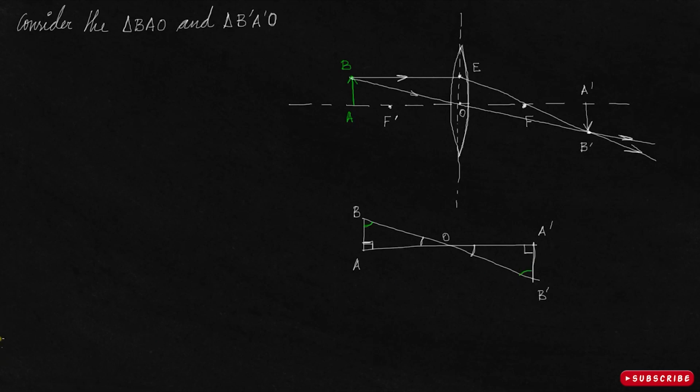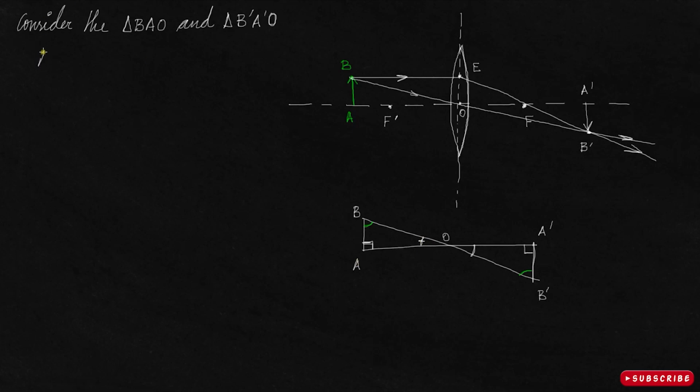Now we know the sides opposite to equal angles are in the same proportion for similar triangles. That is, if two angles of one triangle are equal to two angles of another triangle, obviously they become similar.